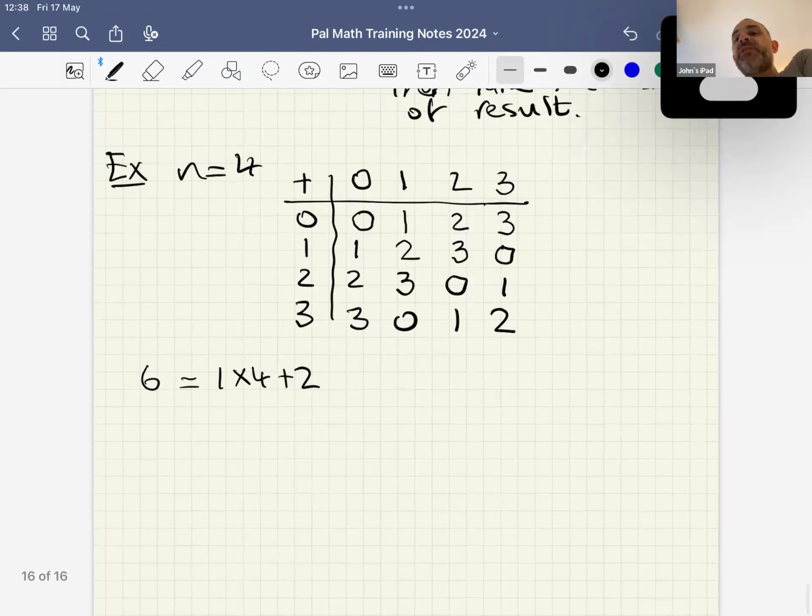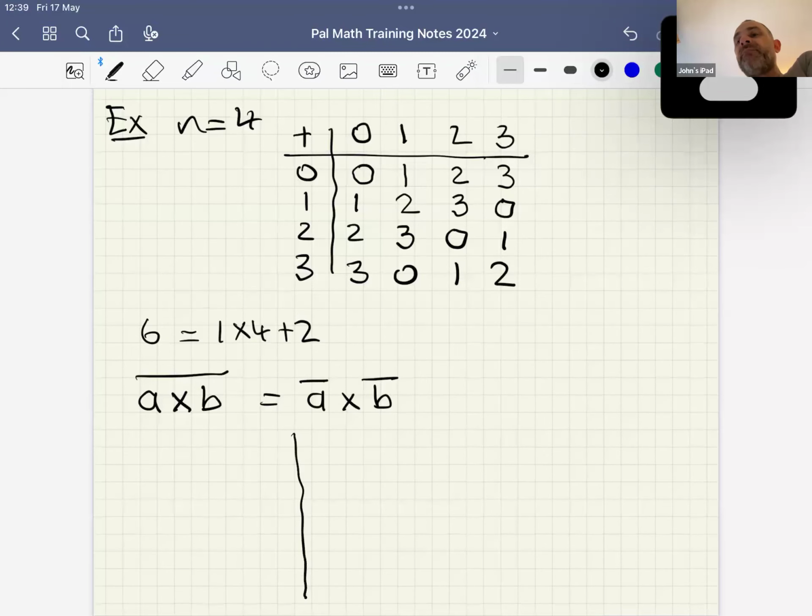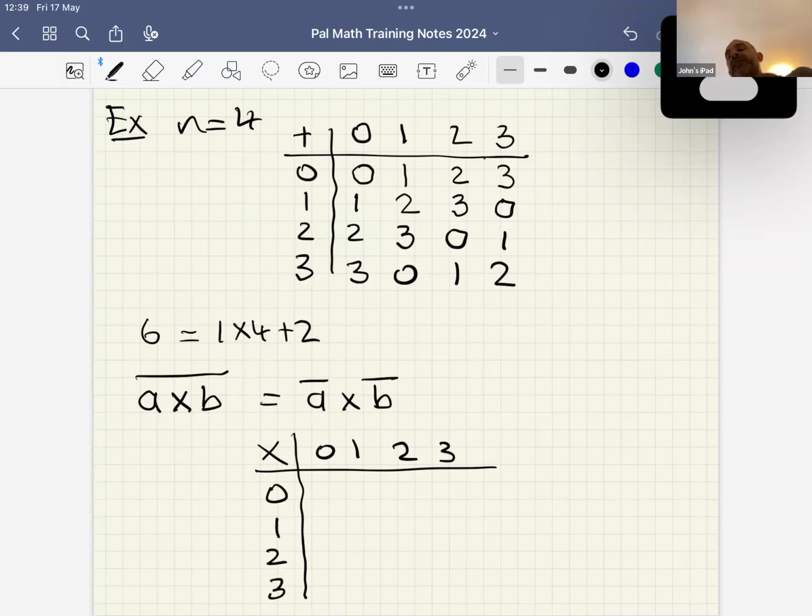Okay, and now miraculously, you've got the same thing going on for multiplication. So the residue of a times b is the residue of a times the residue of b. So I can do the same table for multiplication. Now here, if you hit something divisible by 4 with anything else, you get 0.